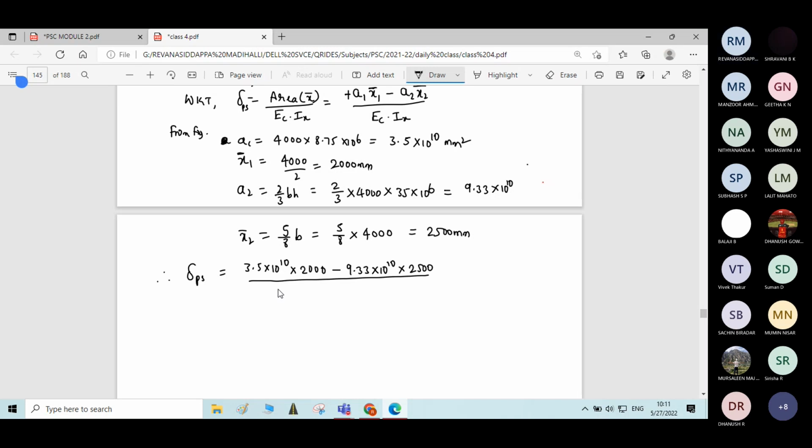EC is 38 into 10 power 3 and Ix is 337.5 into 10 power 6.